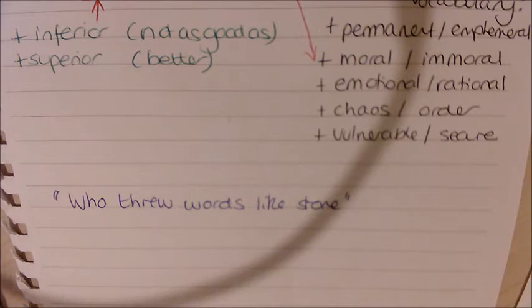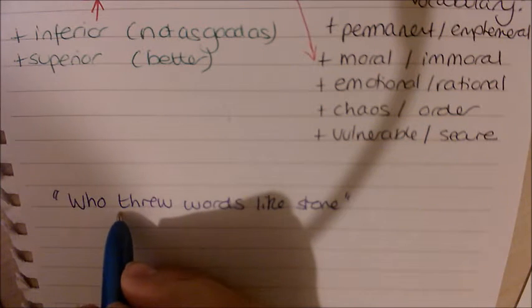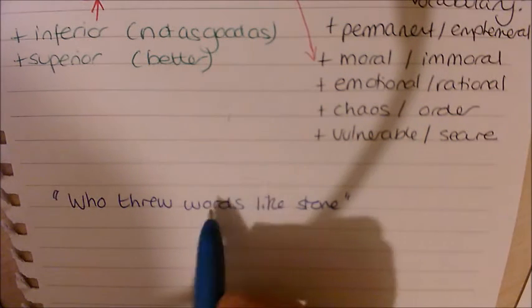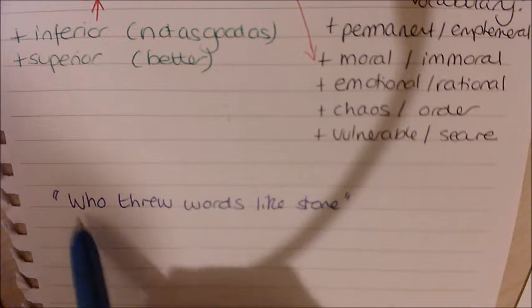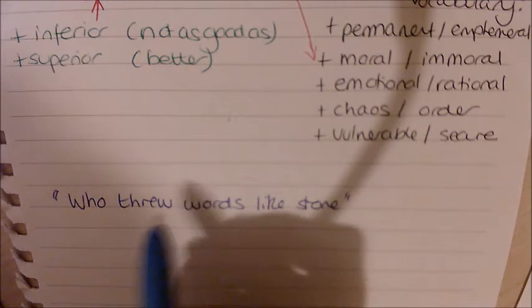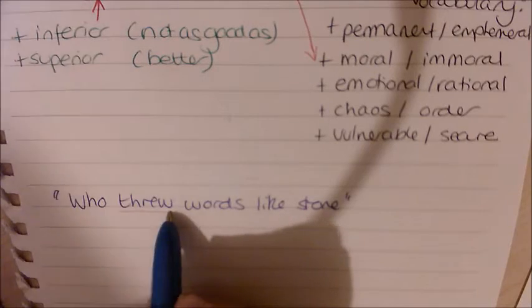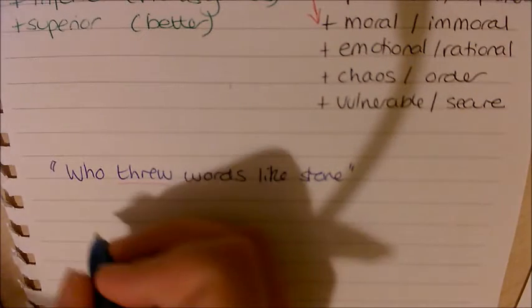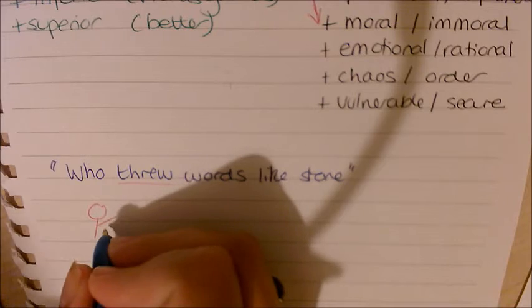So, "who threw words like stones." Let's unpick this simile here. We know it's a simile because it's got that comparison, comparing the words that are spoken to being like stones. Let's have a look at the verb "threw" first of all.